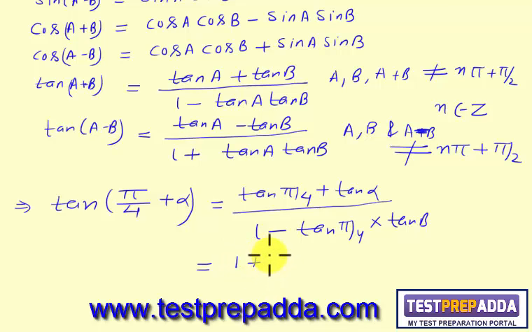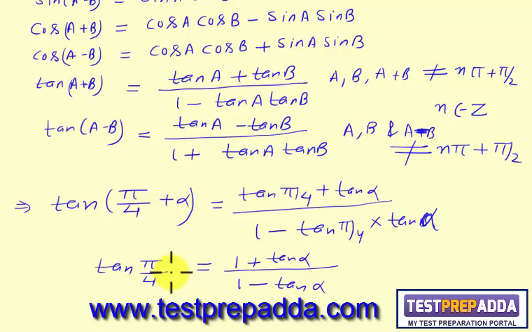So it becomes 1 plus tan alpha upon 1 minus, again tan pi by 4 is 1, tan alpha. So the result: tan pi by 4 plus alpha is actually 1 plus tan alpha upon 1 minus tan alpha.